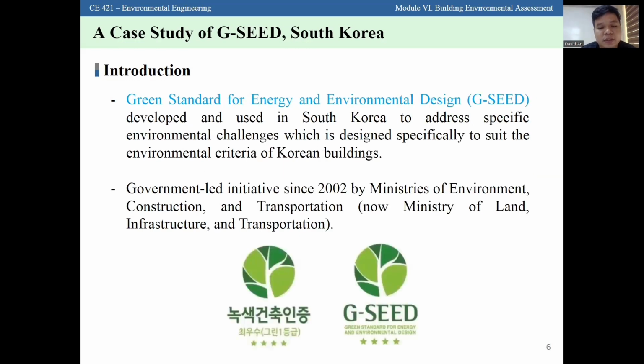Okay, so GSEED is an abbreviation that stands for Green Standard for Energy and Environmental Design, developed and used in the Republic of Korea.